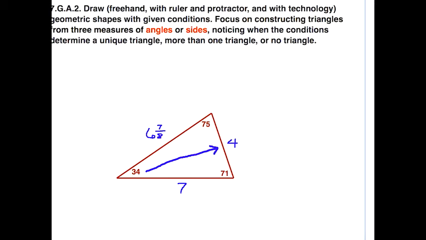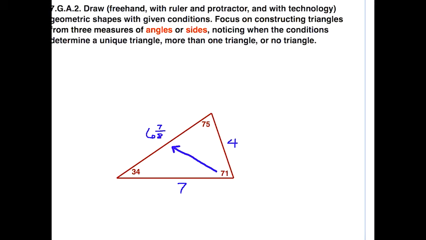If we look at the smallest angle, 34 degrees, notice the measure of the opposite side is 4, which is the shortest of the 3 side lengths. The 75-degree angle was the largest angle, and notice that 7 is the longest side that's opposite of it.